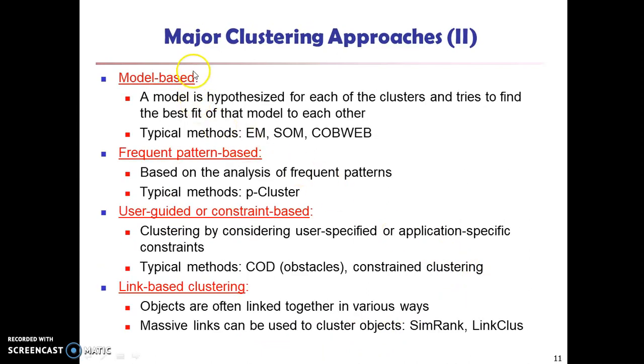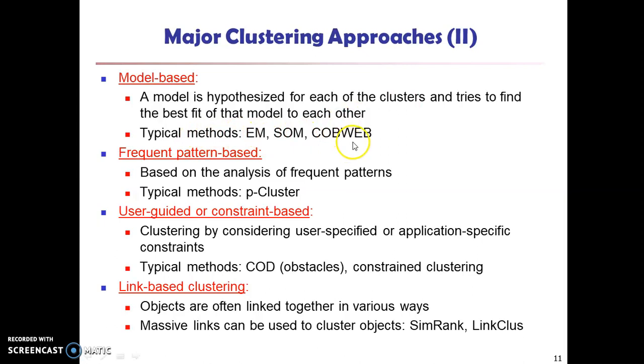There are some other approaches also: model based, frequent pattern based, user guided or constraint based, and link based clusterings. The model based approach, in the sense, hypothesizes a model for each of the clusters and tries to find the best fit of that model to the data.